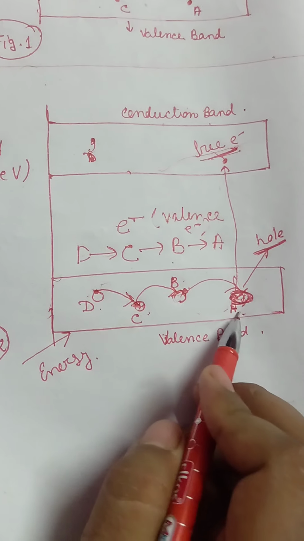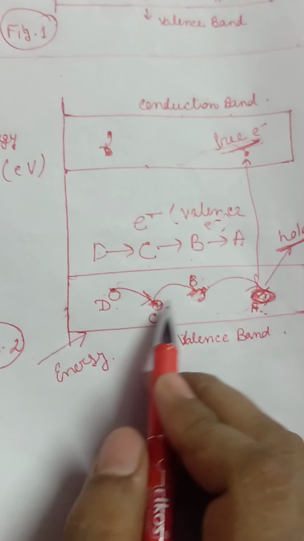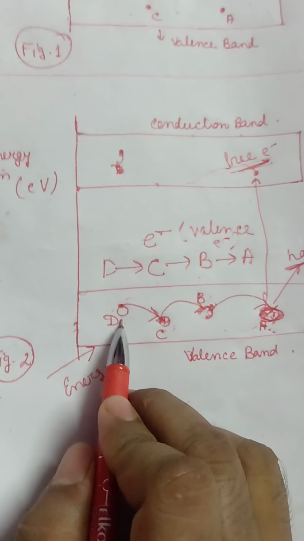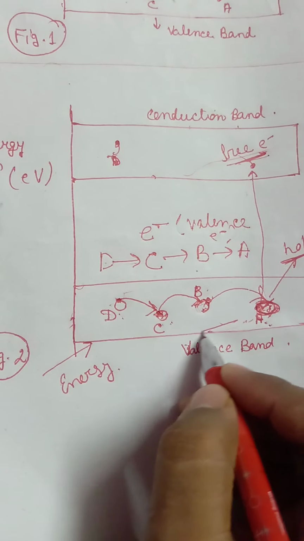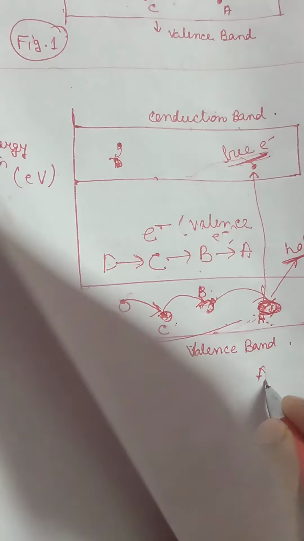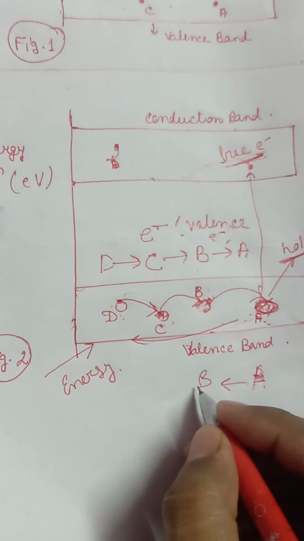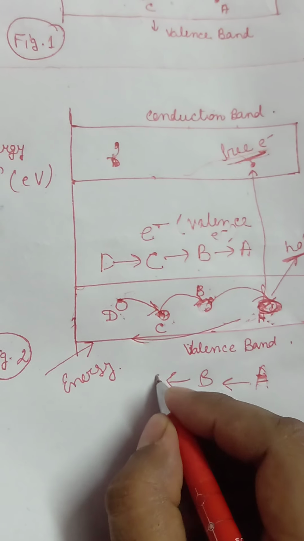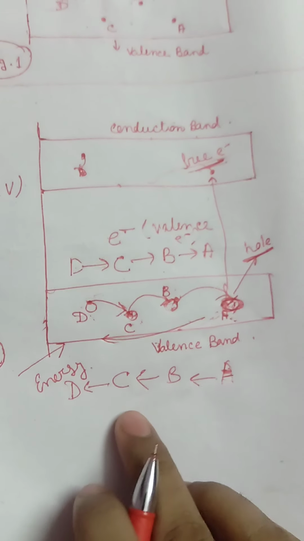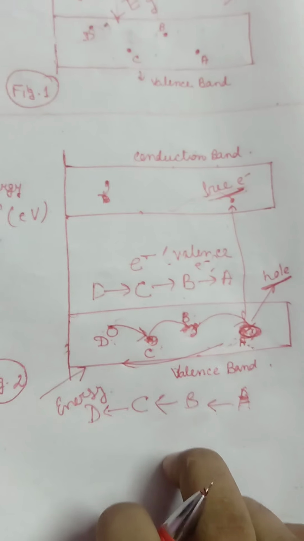Now see, at first the hole was present at position A, now it is present at B, now at position C, now at position D. That means my hole is moving from A, B, C, D.